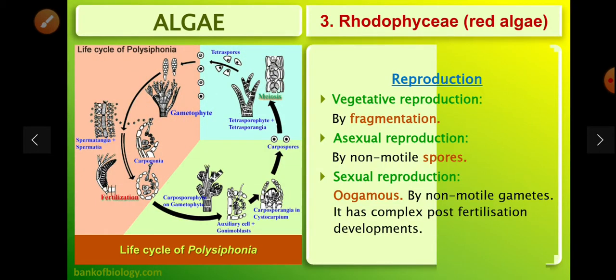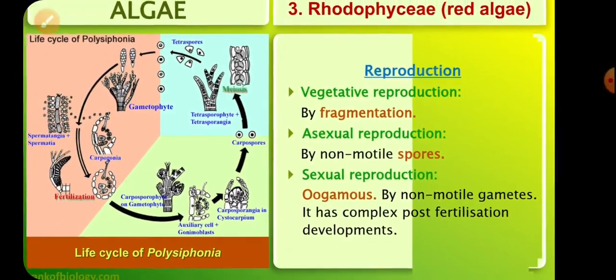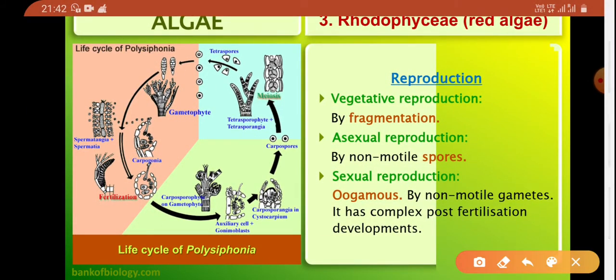Reproduction: vegetative through fragmentation, asexual by non-motile spores, sexual via oogamous, by non-motile gametes. It has a complex post-fertilization development. The event after fertilization is quite complex.